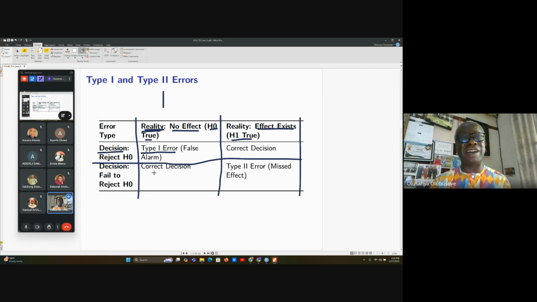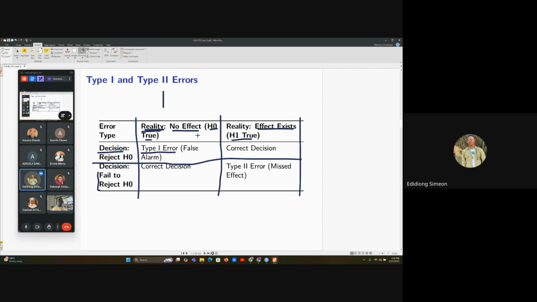Is our decision correct or not? It's correct, sir. The null hypothesis is true, but we fail to reject it. Just take it as we accept it. So it means we have accepted the correct hypothesis. Is that okay? Yes. Okay, sir.